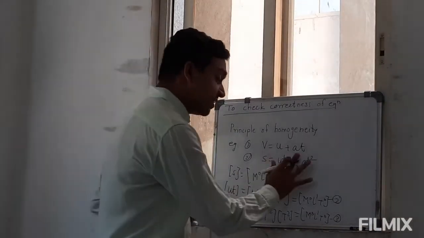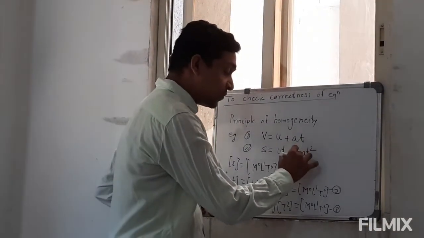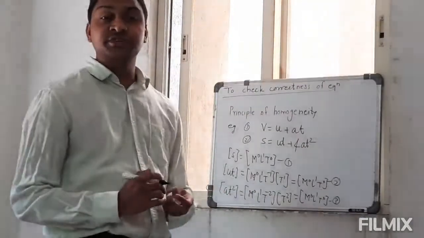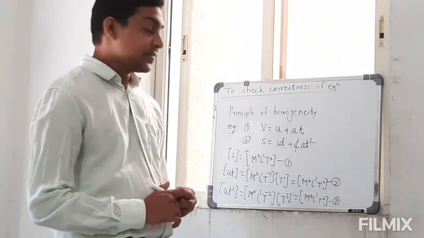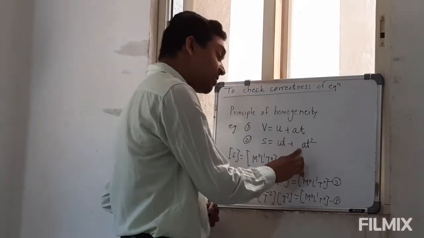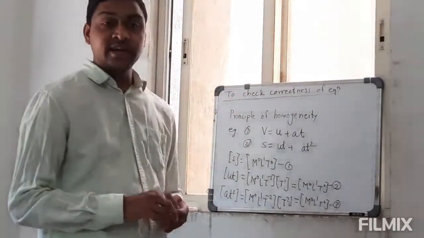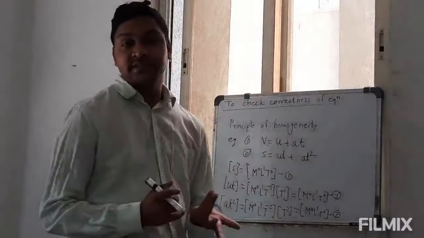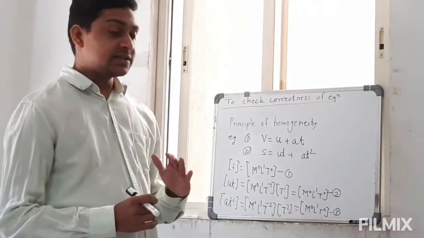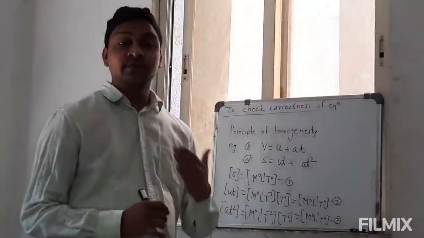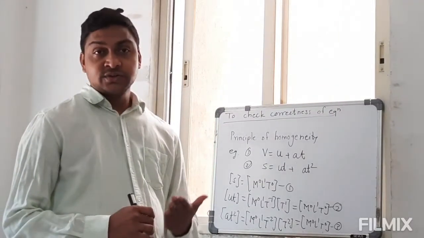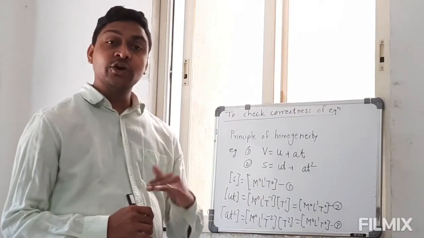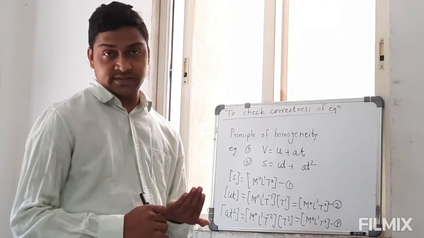Even if I replace this with 4, or remove the half from here, the equation is still dimensionally correct. So this suggests the limitation of dimensional analysis: a dimensionally correct equation need not be correct in terms of physics.